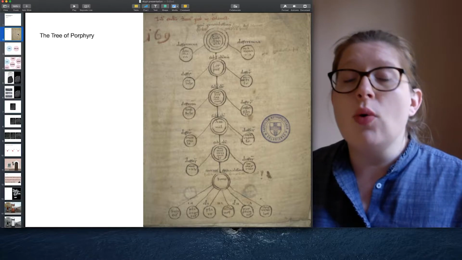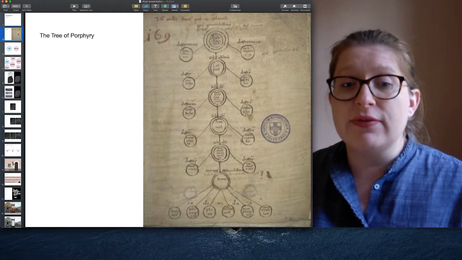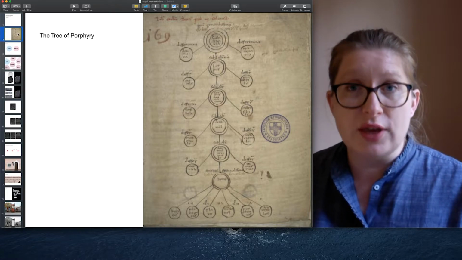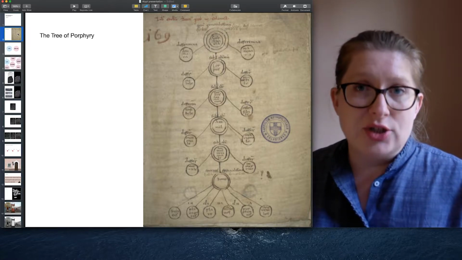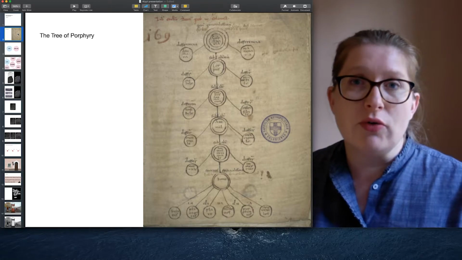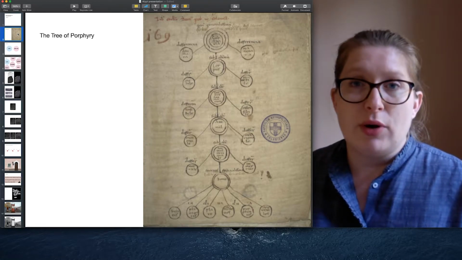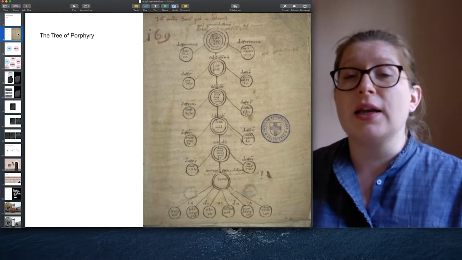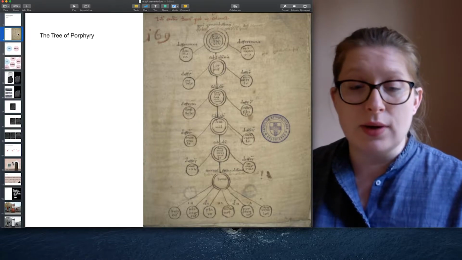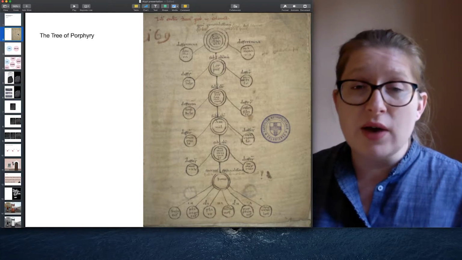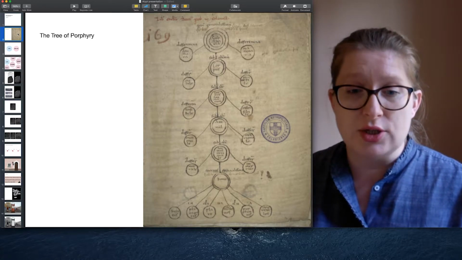There were always two branches on each level of division, introducing two subcategories, one of which was always a negation of the other, the structure of A and non-A. For example, the category of body was divided into animated and inanimated, whereas the animated bodies, namely animals, were divided into rational and irrational.